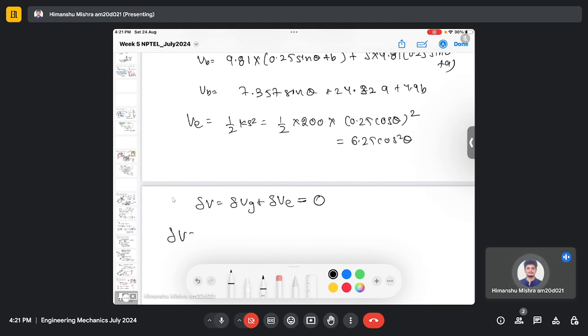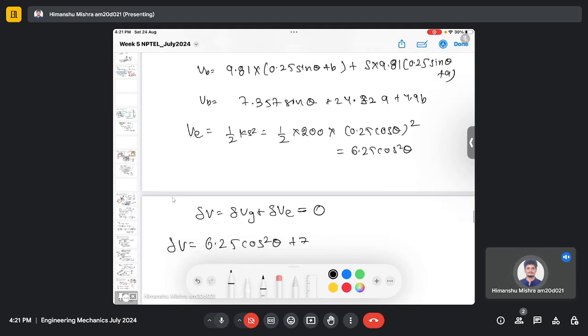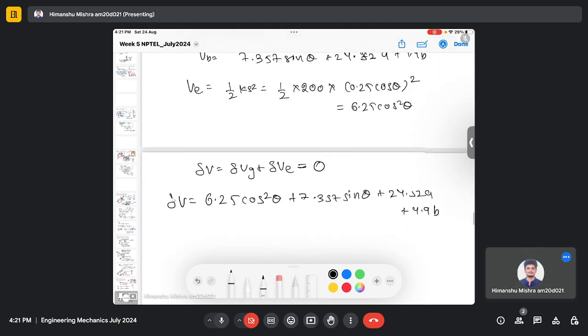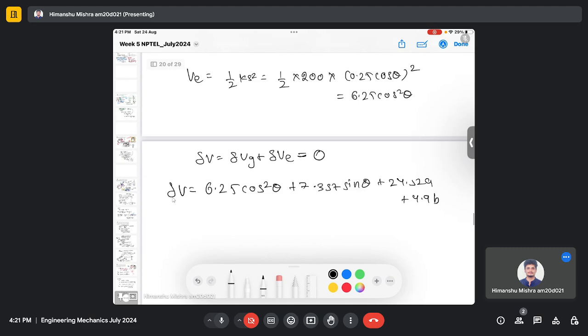So the summation of the potential energy will be 6.25 cos square theta plus the gravitational potential energy, which we found, 7.357 sin theta plus 24.52a plus 4.9b. So this is my total potential energy. Now the change in total potential energy should be equal to 0.